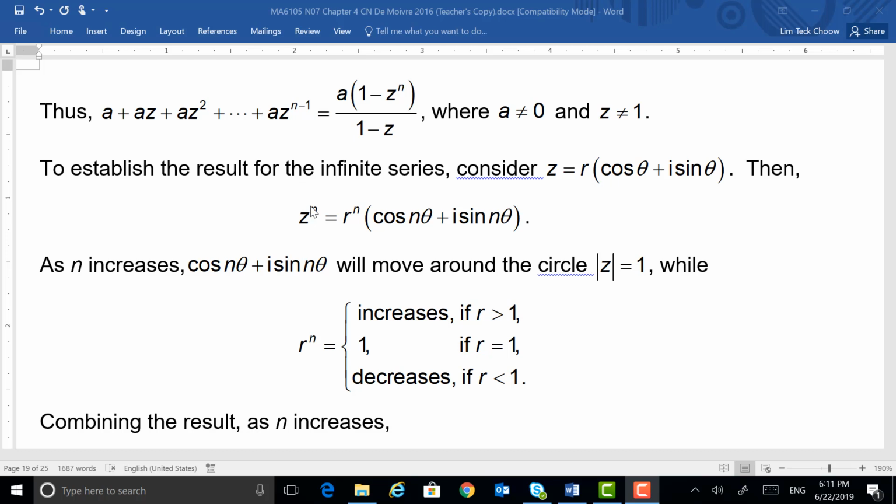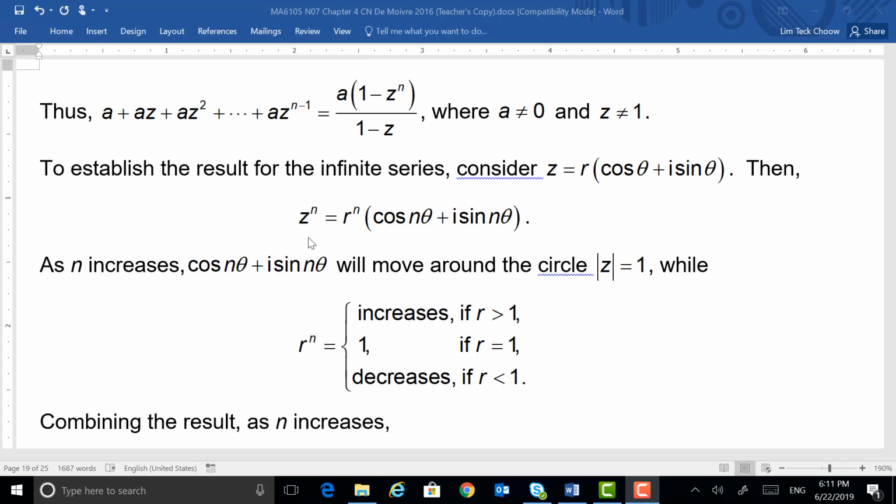Given a generic complex number, if you raise it to the power of n, from the earlier theorem that you've learned, you will get this. This is a result of De Moivre's theorem.